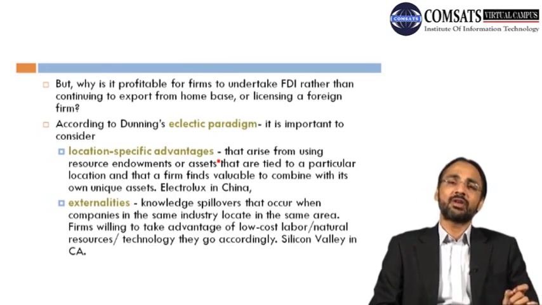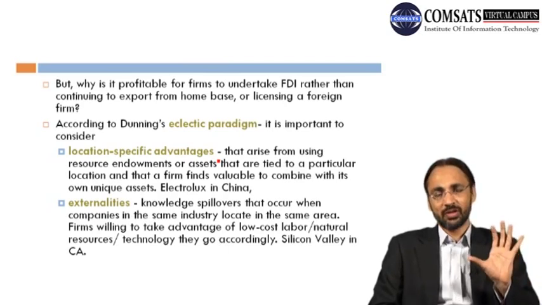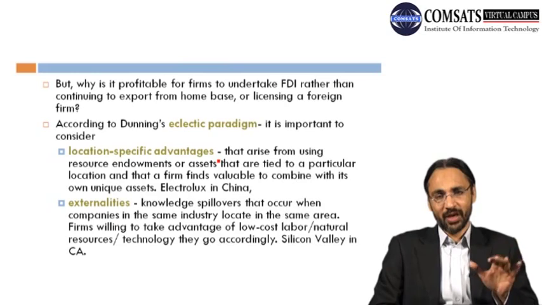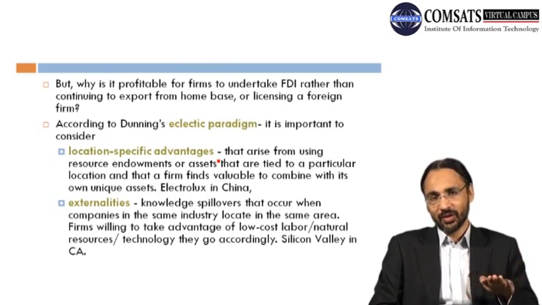The important thing is location. When a firm decides to do some FDI, it is going to use its own skill set, its competitive advantages, the management and other things, the resources or capital it has. And the second thing is they also consider the location advantages that exist in that foreign market.